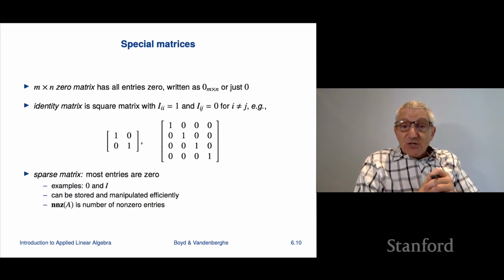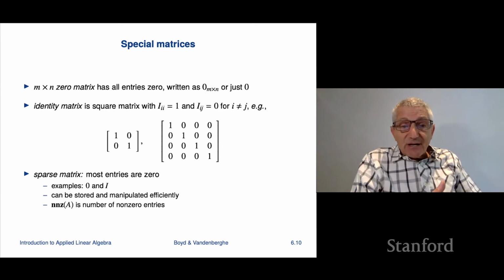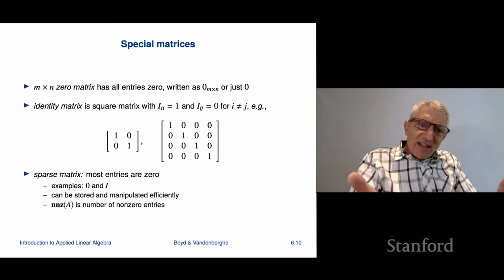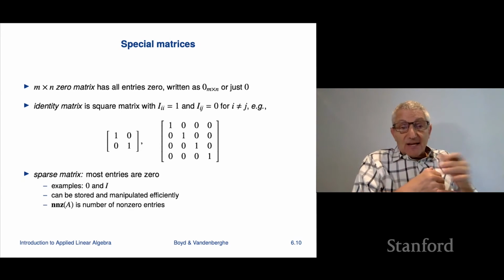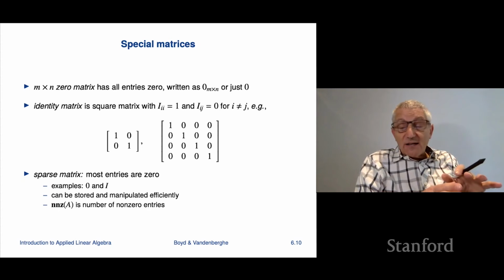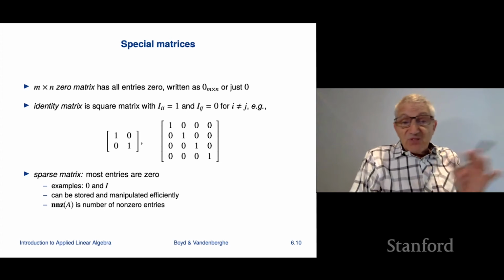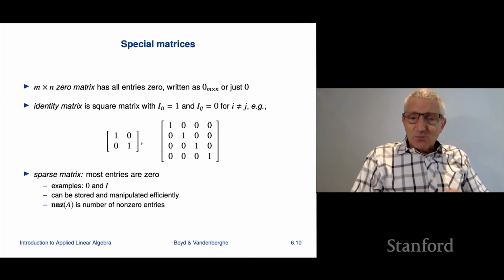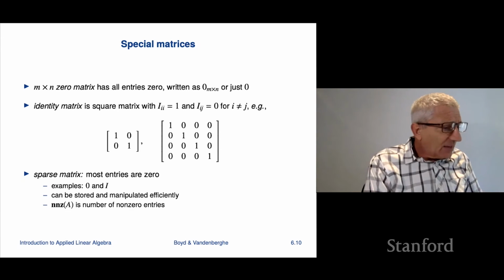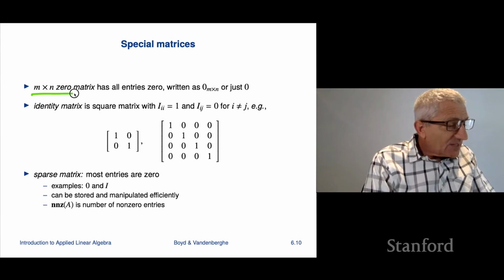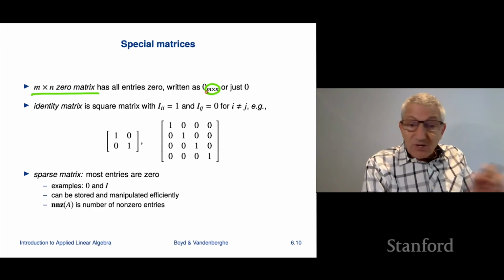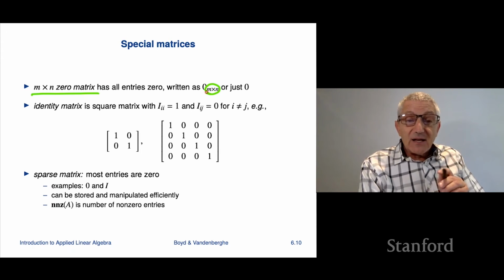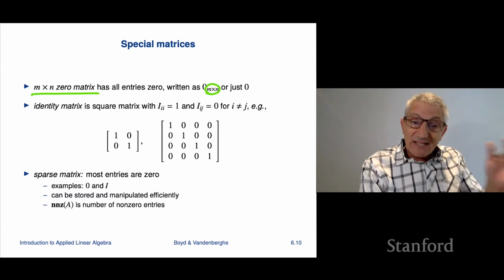All right, I'm going to mention some special matrices now. This is, not unlike the zero matrix, the zeros vector, the ones vector, and the unit vectors, right? So there are some analogs of that in matrices, and we'll just get that out of the way right now. If you have a matrix and all the entries are 0, it's written as 0, and sometimes you can put a subscript below it if you want to let somebody know what the size is.